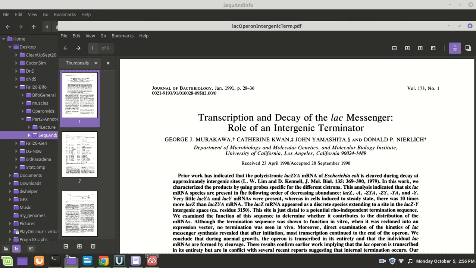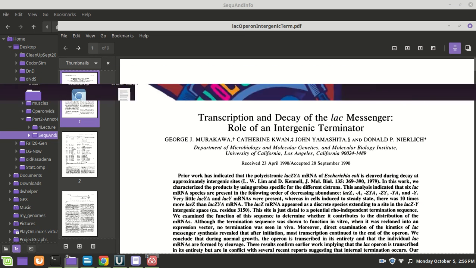And what you will do is use these papers plus the other videos I've shown you on how to use Eugene and mfold, and you will do an assignment finding both the strong terminators, the strong terminator in the I protein, the strong terminator at the end of A, and then the two weak terminators between Z and Y, and between Y and A. So those are the 4 things you need to find for this next assignment, and use these papers to do that.